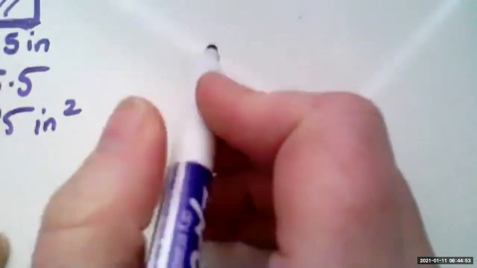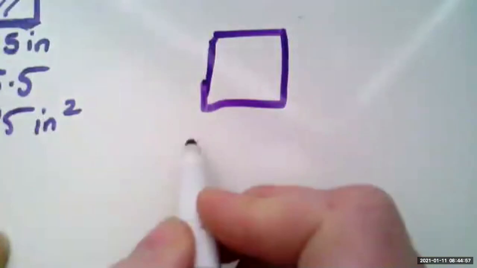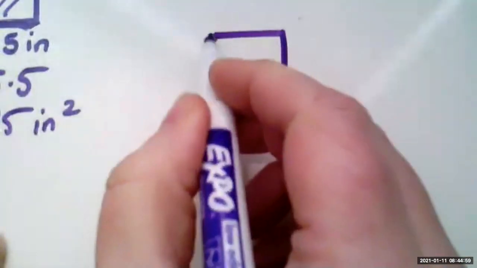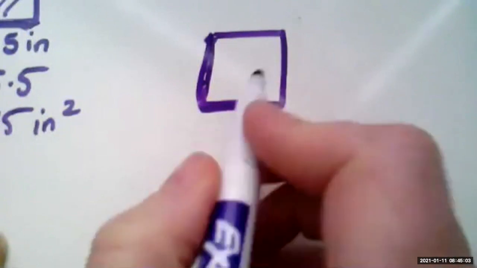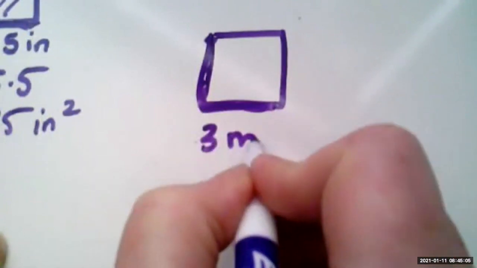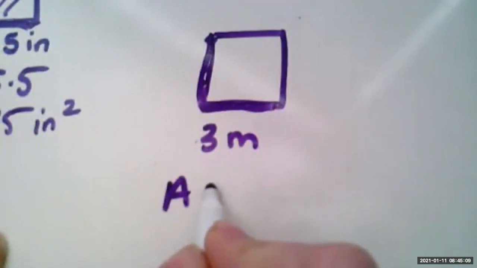Yes. All right. How about if I have the area of this square? I just want to review the areas for a minute here. If one side is 3 meters, then the area is what?